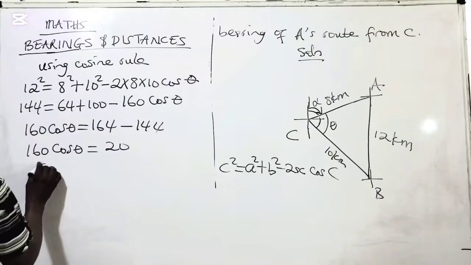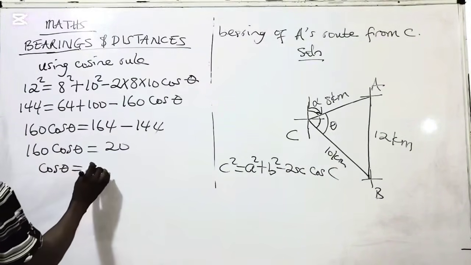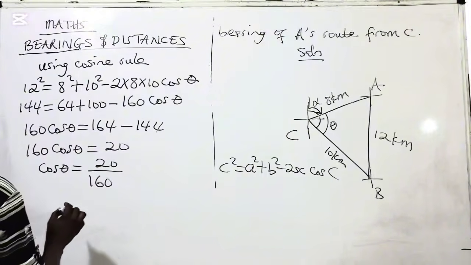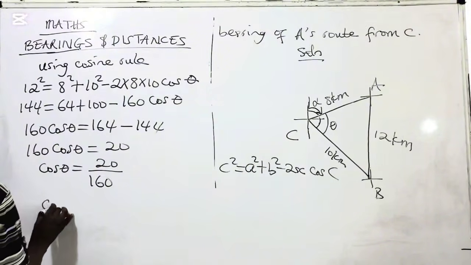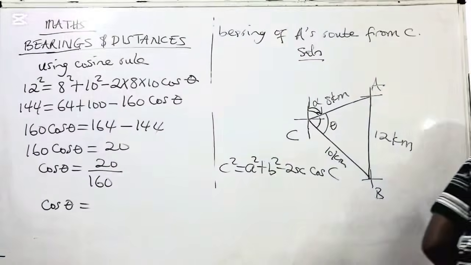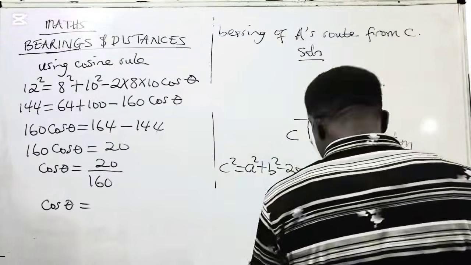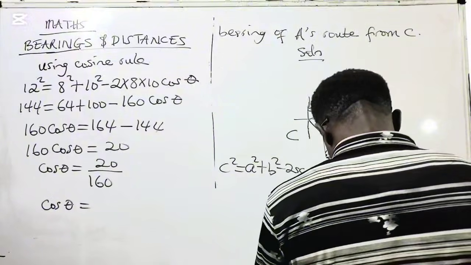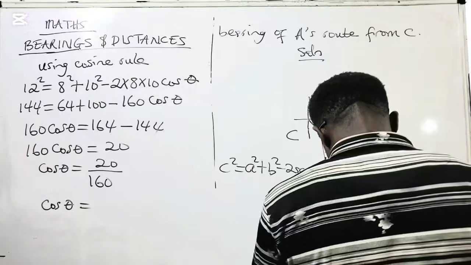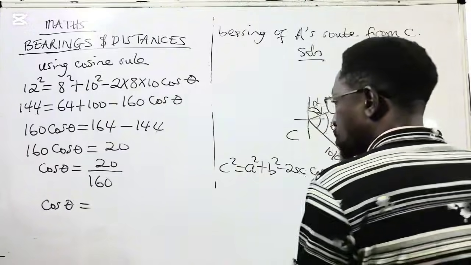So that cos theta will now be 20 divided by 160. So that cos theta will now be 0.125.